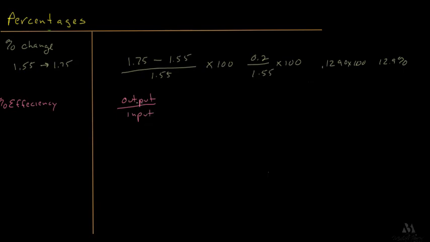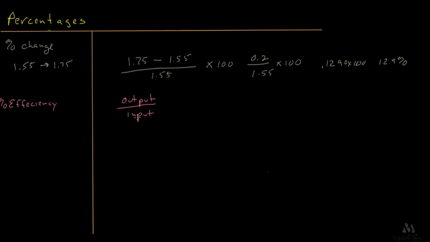Now the output is always going to be less than the input. Things never get more than 100% efficient in the real world. You may hear of that, especially when we talk about things like heat pumps. But you're always going to input a little bit more energy than you're going to get out, at least from a motor standpoint or a piece of machinery.